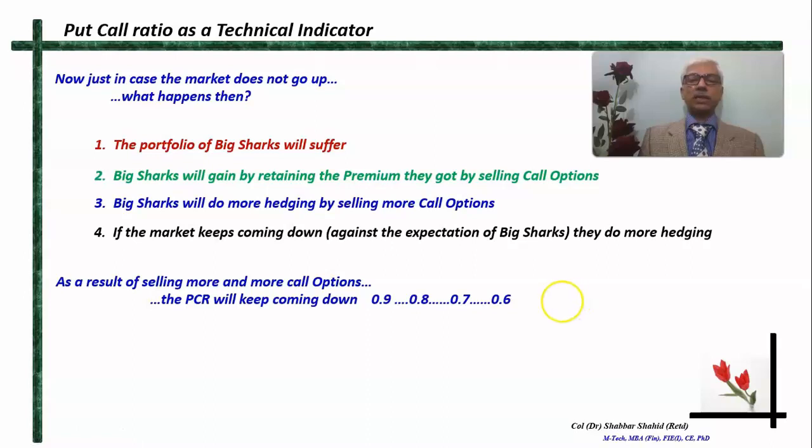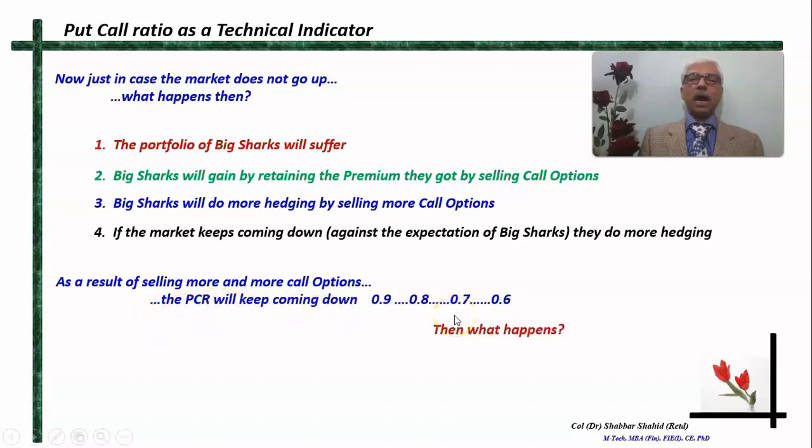As a result of selling more and more call options, the denominator in the PCR will keep increasing and the PCR will keep coming down, isn't it? The ratio, the fraction will keep coming down from 0.98, it will become 0.8, 0.7, 0.6, maybe 0.5. As the denominator keeps swelling, this PCR will keep coming down.